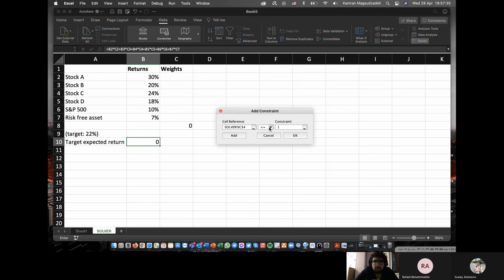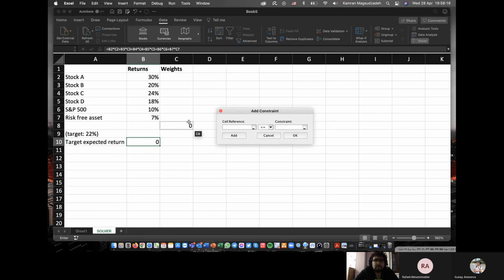less than 1, greater than 0, stock D less than 1, greater than 0, S&P less than 1, greater than 0, and risk-free asset less than 1, greater than 0.